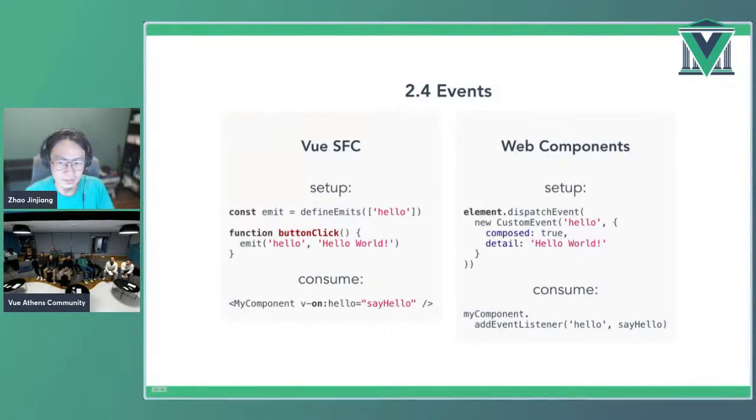From the outside, you just use the v-on directive to listen to the event and do some further operations. Then in web components, we just use native DOM events. However, to ensure the event can bubble up through the custom elements, you need to set the composed flag on when creating the events. So that's the caveat.